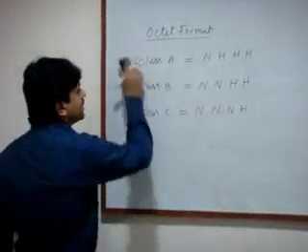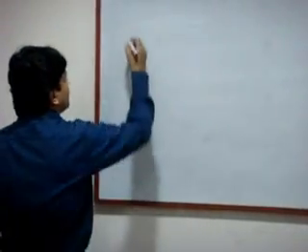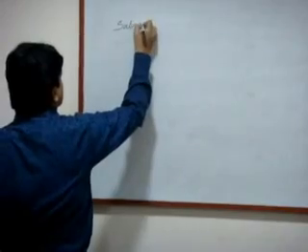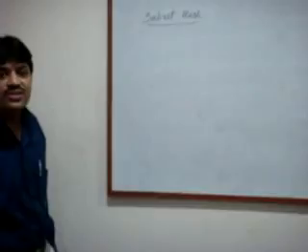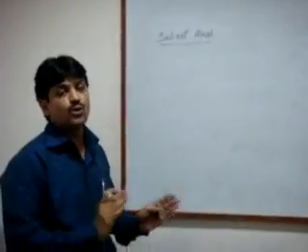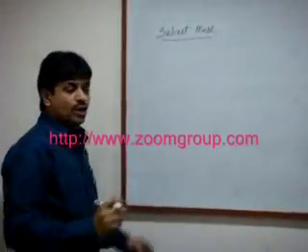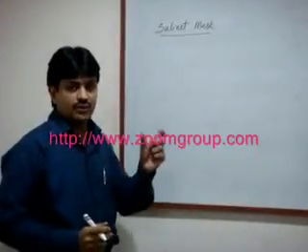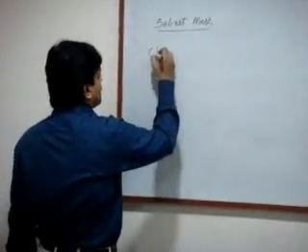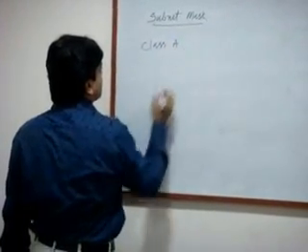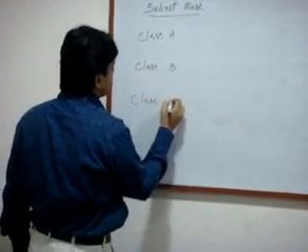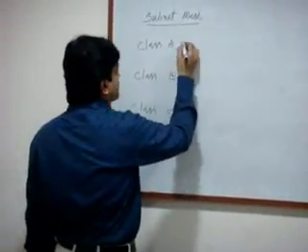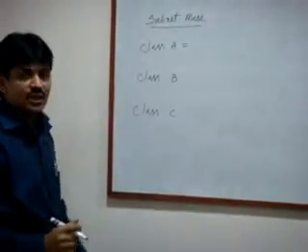And next we will see the subnet mask. What is a subnet mask? Subnet mask is used to differentiate between the network portion and the host portion. It is also used to identify the network ID of a particular host. So we have 3 classes, A, B and C. How do we get the subnet mask using octet format?